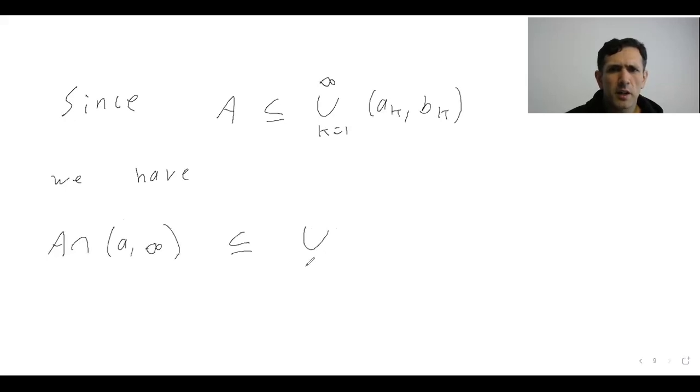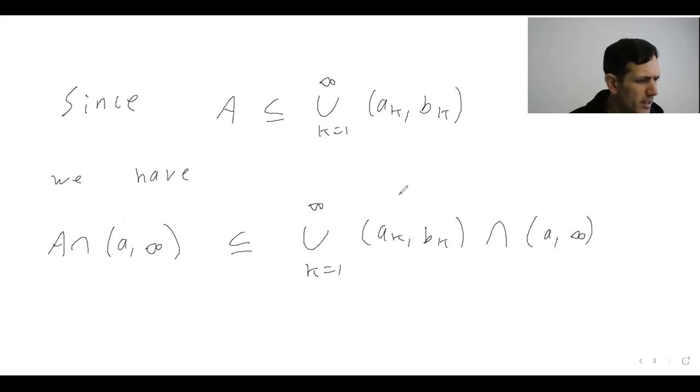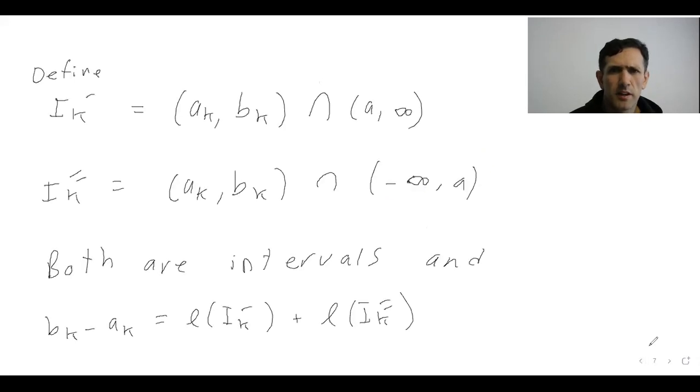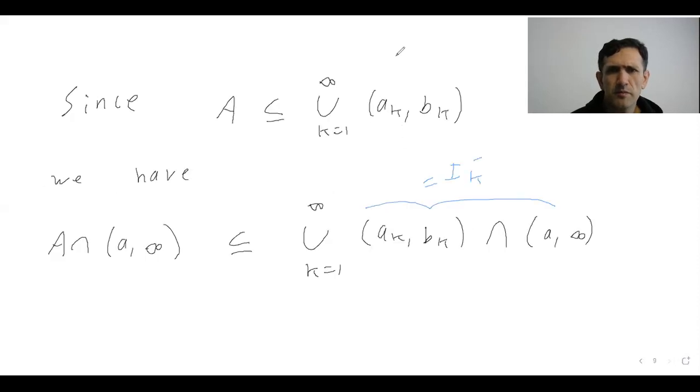So this is a subset of, using just basic introduction to proof stuff, the union of AK to BK intersect a to infinity. And remember, this is IK prime. By definition, that's how we defined it. And let's give this a name too. Let's call this A1.